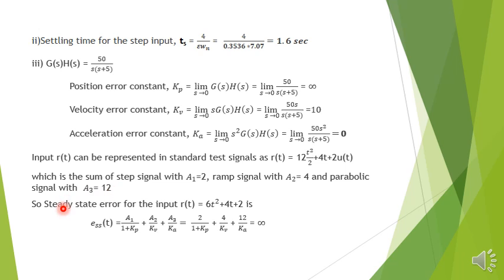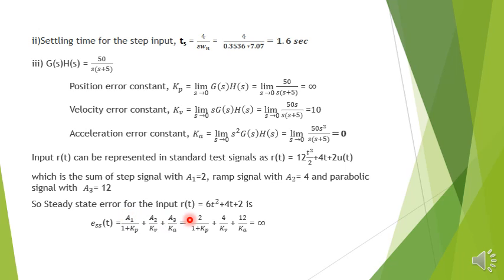So what happens to the steady state error? This input signal is the sum of three types of signals, so the steady state error is also the sum of the three steady state errors caused by step, ramp and parabolic inputs. So the steady state error for a given input is A1 by 1 plus Kp, plus A2 by Kv, plus A3 by Ka.